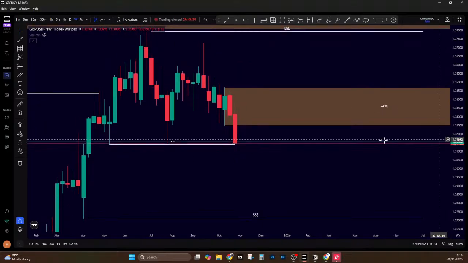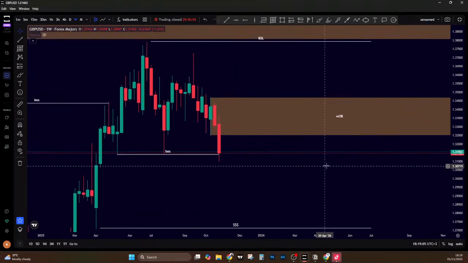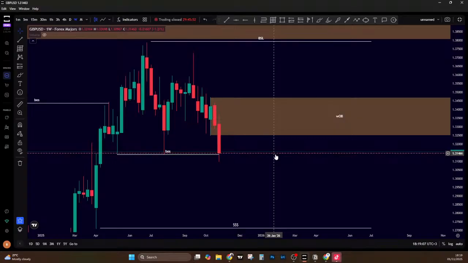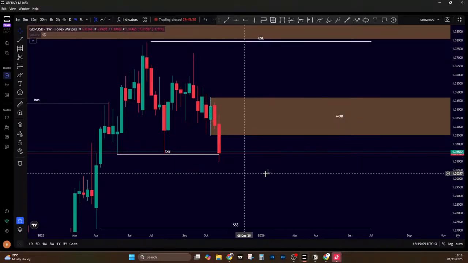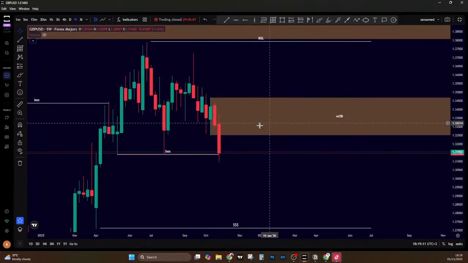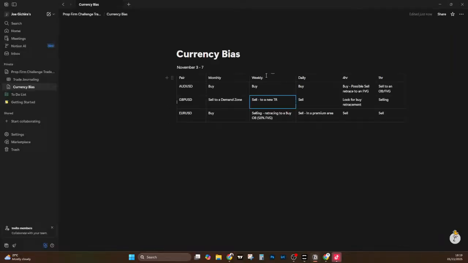we have a bias for the weekly. So in the weekly we are selling, but we are looking for a retracement to our order block, for a retest to our order block. So that is what you will journal here. Okay, so in the weekly we are selling, but we expect a retest.